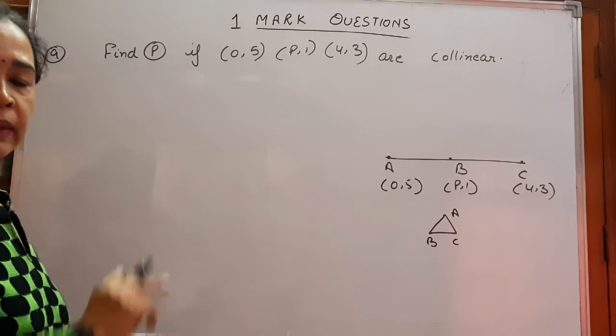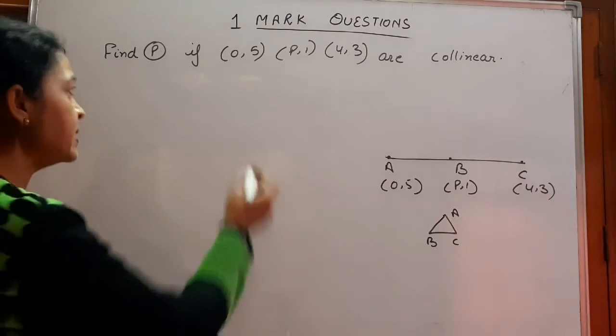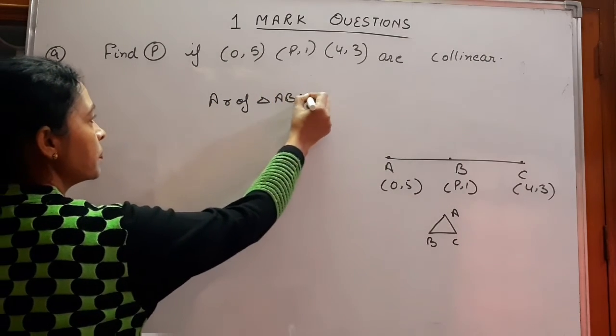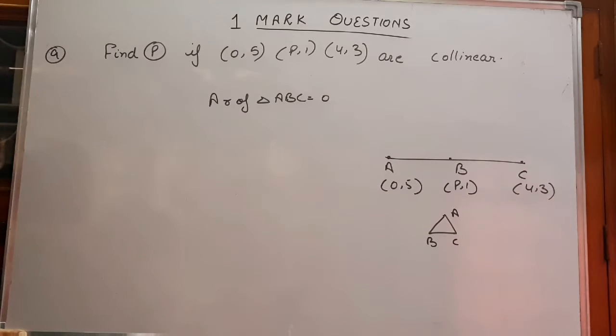but 3 points on one line can't make a triangle, it means the area of triangle ABC is equal to 0.